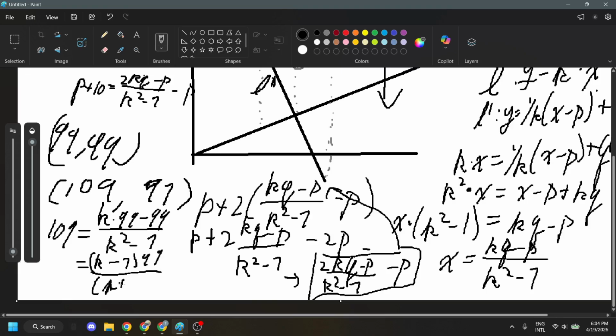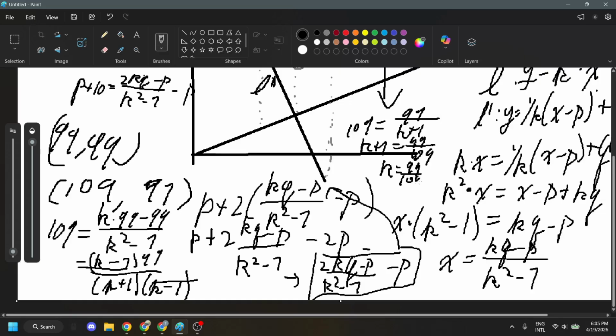This is k plus 1. This is k minus 1. So those two cancel out. And then we just get 109 is equal to 99 over k plus 1. Then just simplify, multiply by k plus 1 divided by this. K plus 1 is equal to 99 over 109. K is equal to 99 over 109 minus 1.